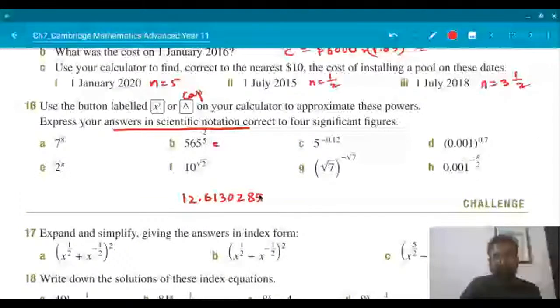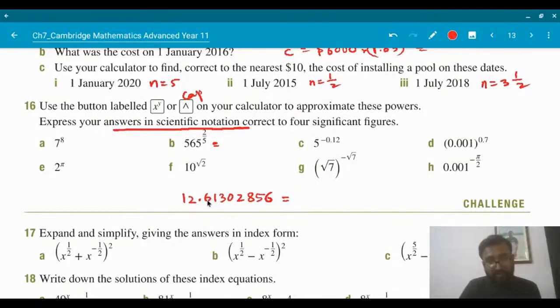But this is not the scientific notation. In scientific notation, the left hand side of the decimal will have a digit from 1 to 9 only. So it will be 1.261302856 into 10 to the power of 1. So this is a scientific notation.